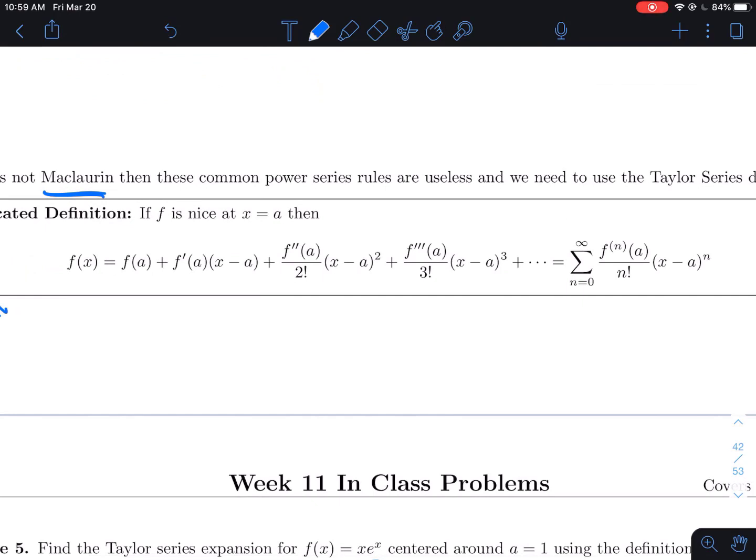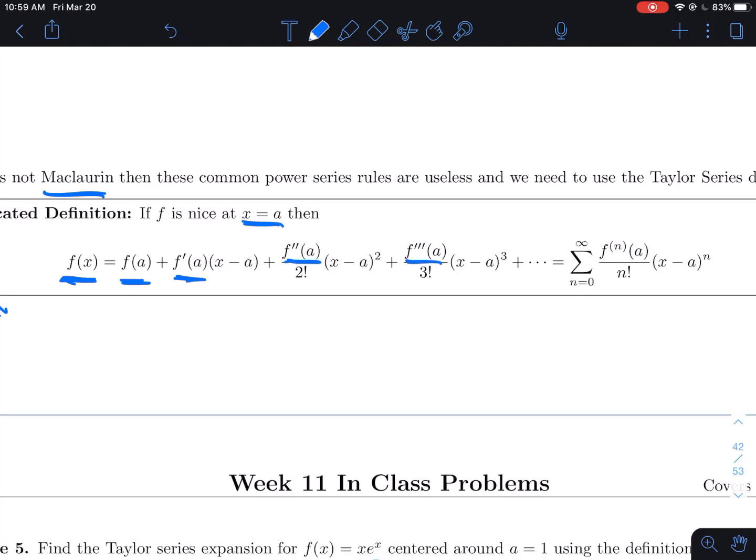So I just have, if f is nice. This goes back to the video notes, which have the formal definitions, but these are the highlights. We're centering about x equals a in this case. Then our function f of x is going to be the same thing, and instead of plugging in 0, we're plugging in a. So f double prime at a, the third derivative at a, and so on.